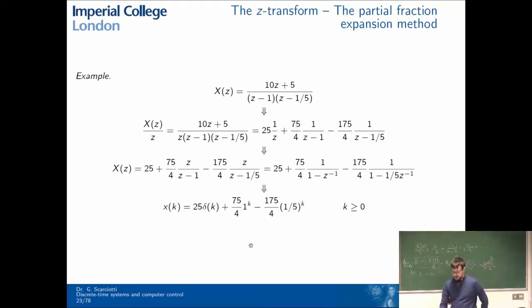In the first example, we have the function X(z) equal to this expression. The first step is to divide by z, and we see that z appears here. Now what we want to do is to divide this into factors. So let's do it at the board.